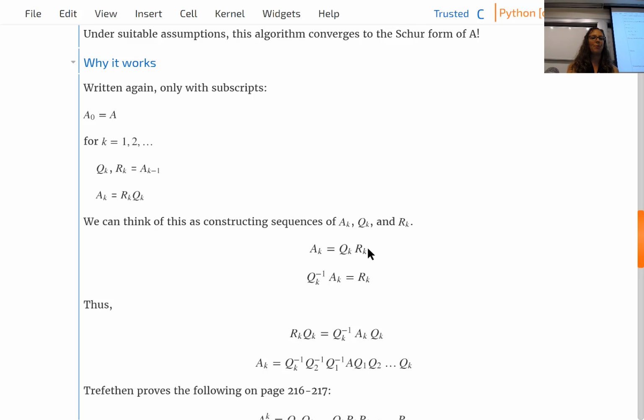How did I get from this line to this line? It cancels Q on the right side. Exactly, because Q is orthonormal, thank you, Sam. So Q is orthonormal, so it cancels out when we multiply by Q inverse.